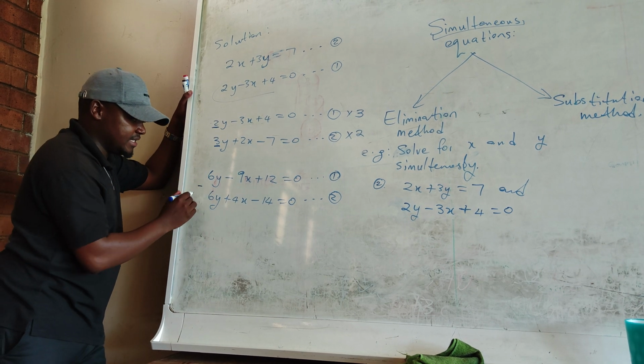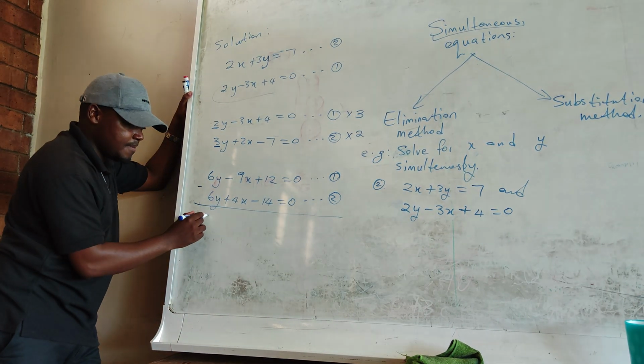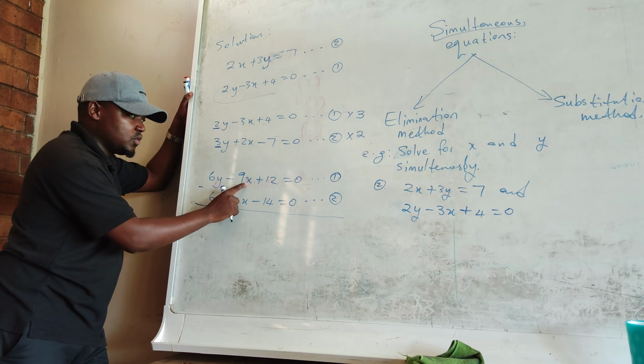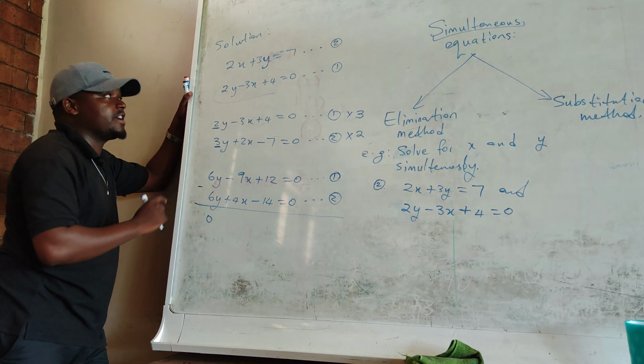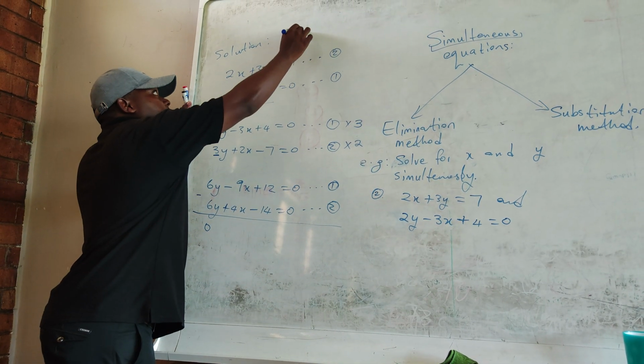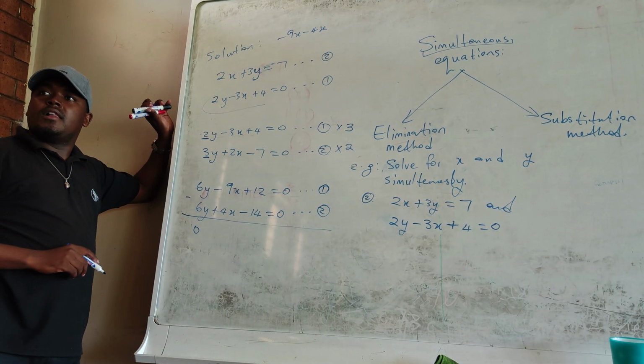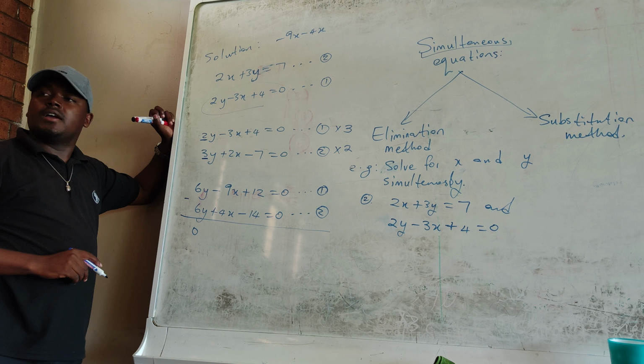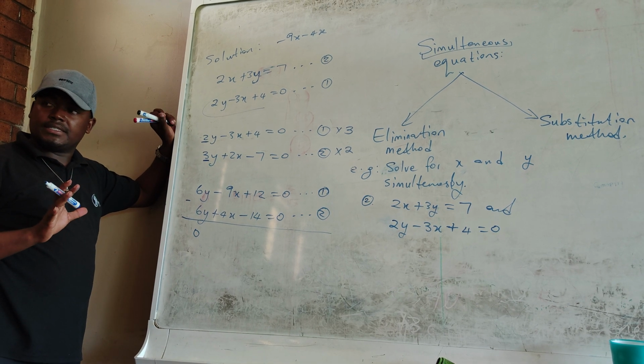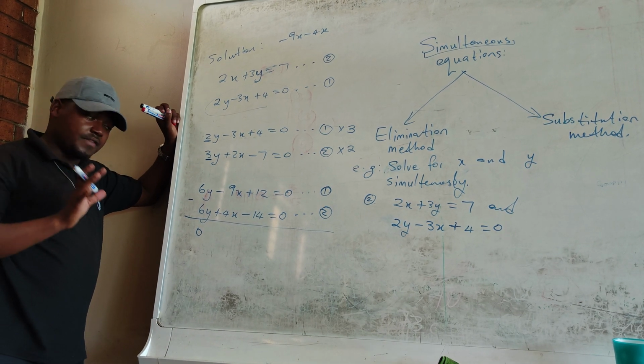So here I minus, I'm going to get what? 0 minus 9x minus 4x. Use a calculator, please. Use a calculator. I told you we don't guess. Negative 13x.